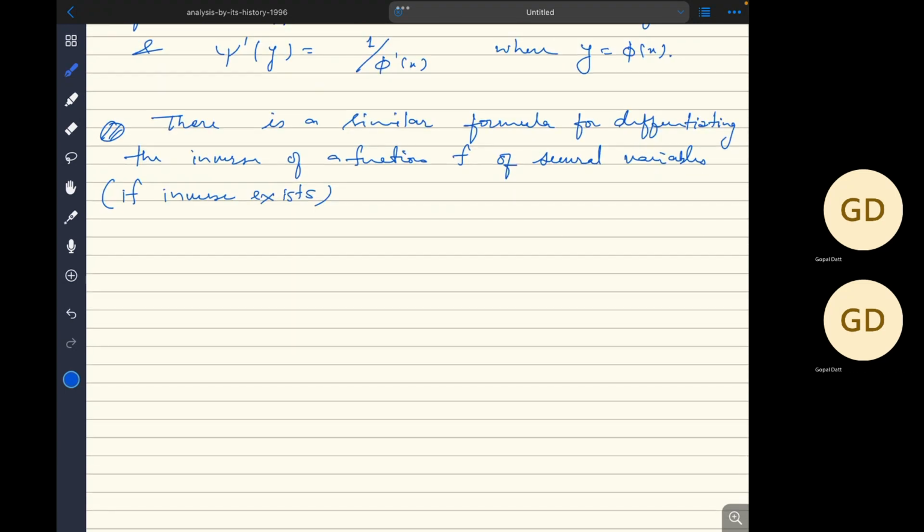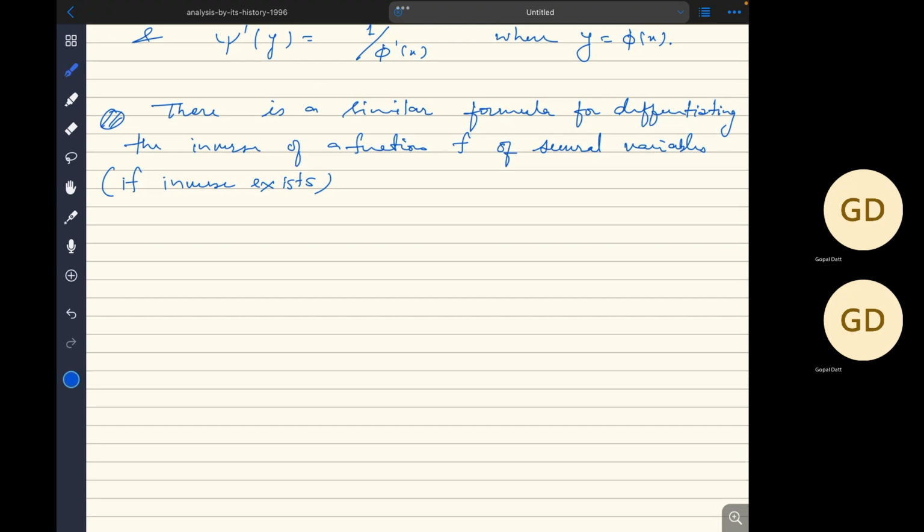So for that we have the following theorem, which is a consequence of the chain rule. Let A be open in Rn. Let f be a function from A to Rn. Let f of a equal b.